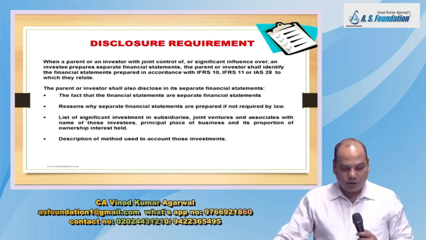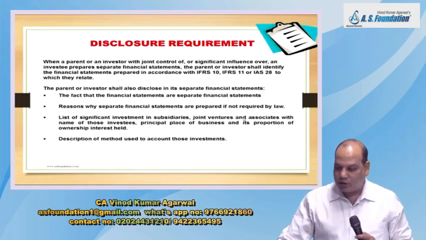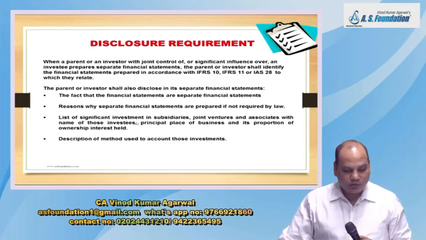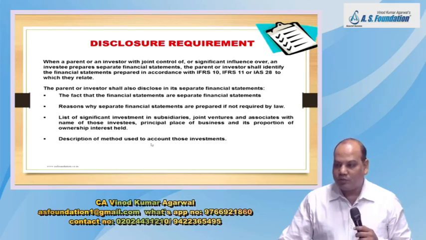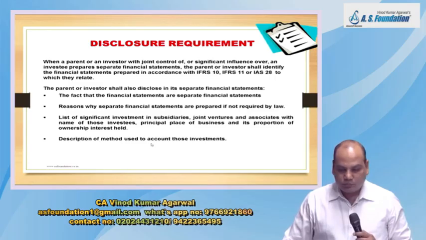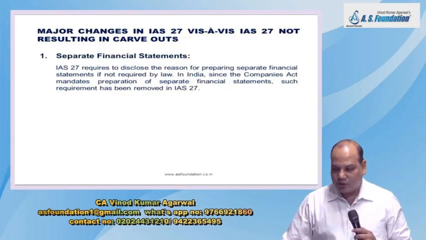And then you have to make a list of significant investments in subsidiary, joint venture and associates with the name of those investees, principal place and the proportion of ownership interest. Same disclosure was there in para 11 also. And then a description of the method used to account for those investments. So this completes this wonderful standard.